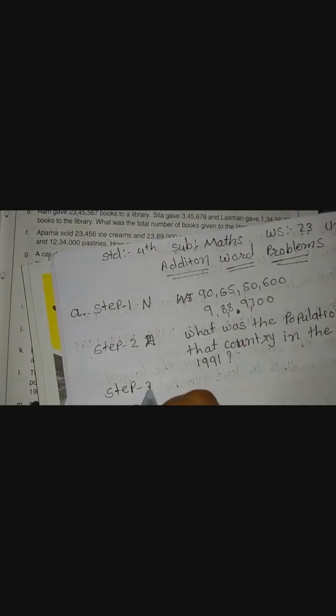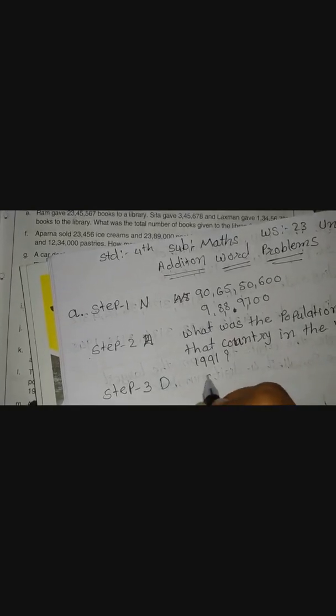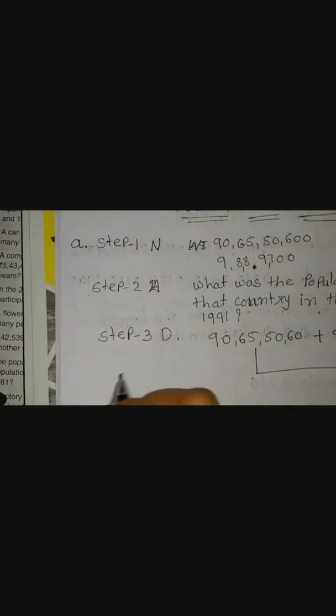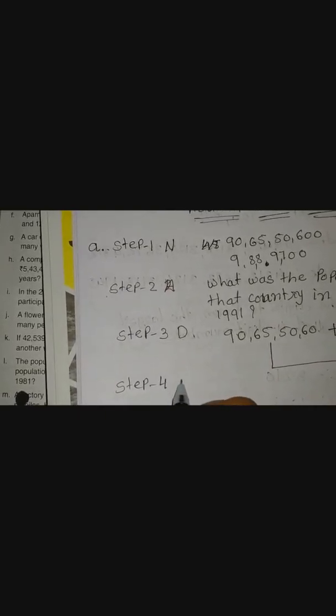Step 3, draw. So we have to write here. Then step number 4 is operation.